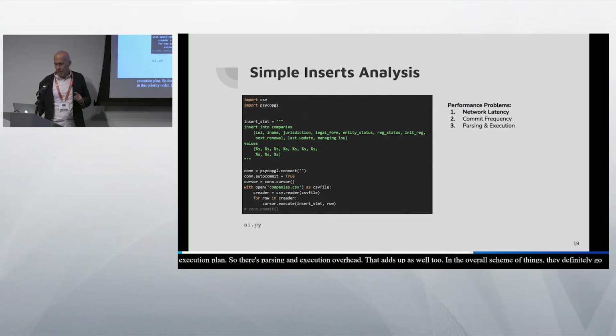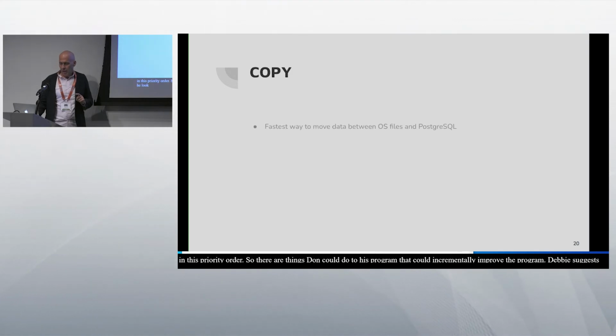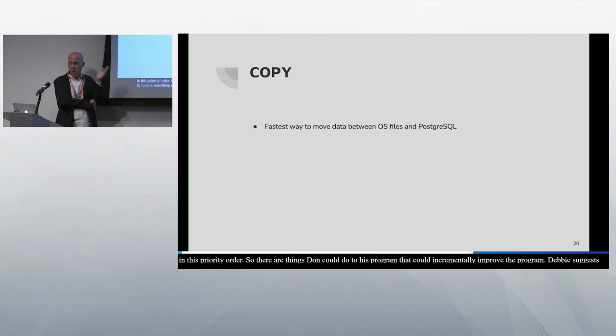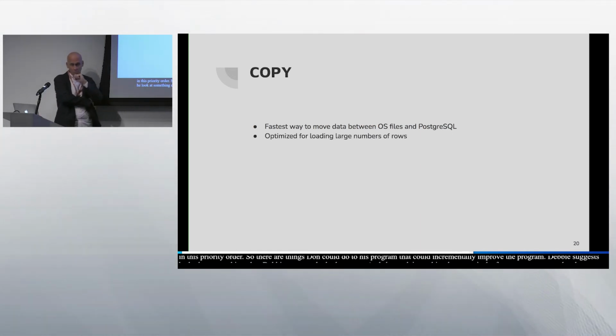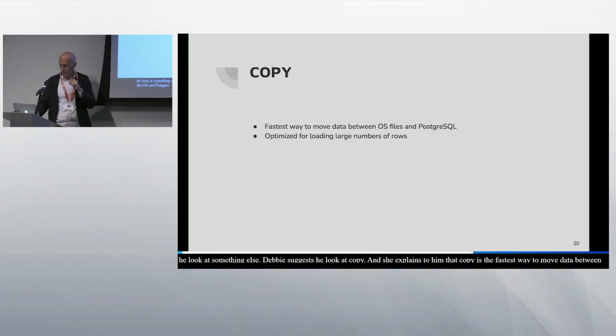Debbie suggests that he look at copy. She explains to him that copy is the fastest way to move data between the OS and Postgres, and that it's optimized for a large number of rows. In fact, it manages these three problems that we've just seen: the network, the communication, and the execution overhead.